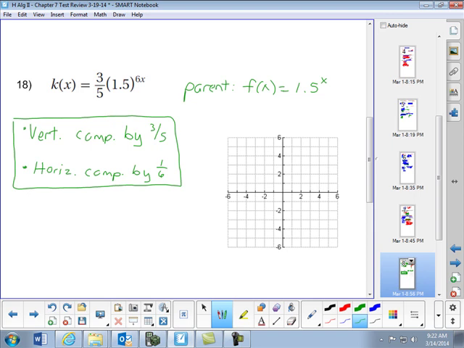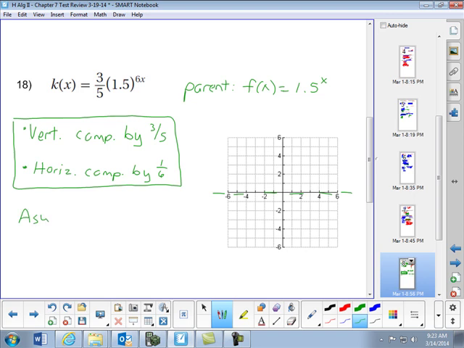So ask yourself, did this change my asymptote at all? My asymptote was right here on the x-axis. Well, the only thing that's going to affect my asymptote is if it shifts up or down. If it shifts up or down, then it affects it. But it doesn't. So my asymptote will stay right here on that x-axis.